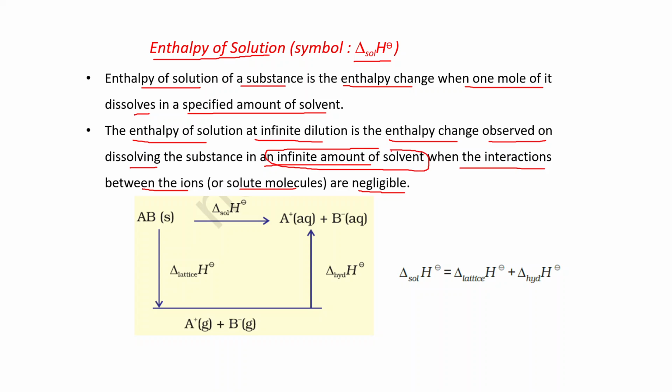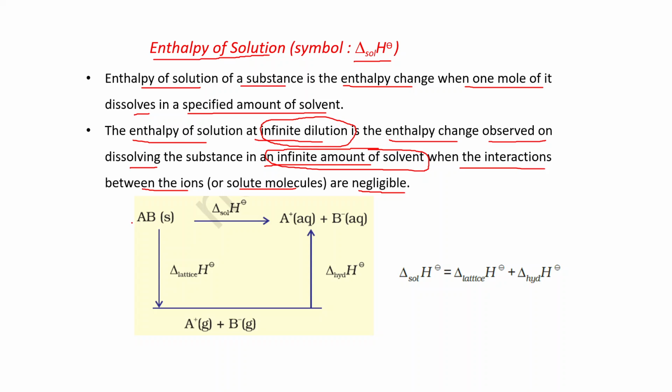This is the condition where interactions between the ions are negligible when we add the solvent. That is the condition where we have to add an infinite amount of solvent, and at that time whatever change in enthalpy is taking place is known as enthalpy of solution at infinite dilution, okay.